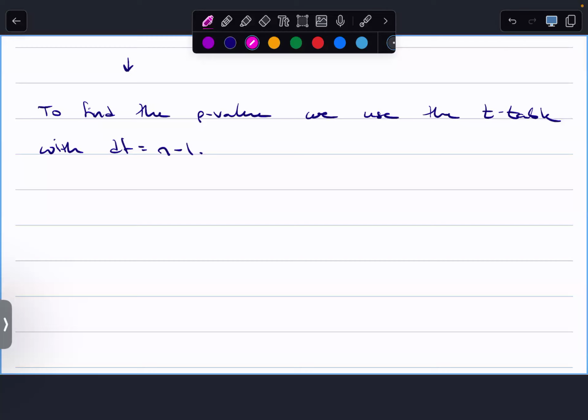This is where I want to make a note, because it's kind of a common mistake that I see. If the exact degrees of freedom is not on the table, right, then you're going to round down.